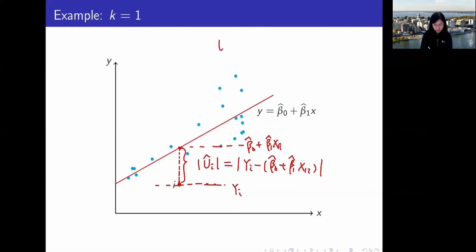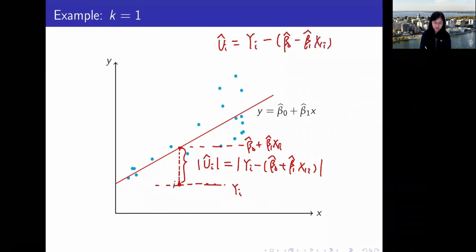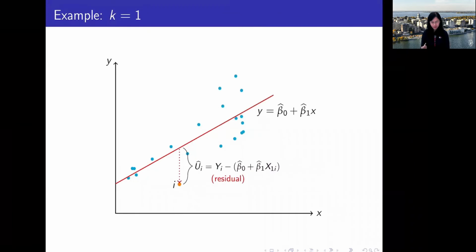So ui hat is defined to be this approximation error, yi minus beta 0 hat minus beta 1 hat x1i in this example. And that is called the residual. That is the OLS residual. And therefore, the sum of the squares of the approximation error is also called the sum of squared residuals. So here on this slide, I'm repeating what I just said.